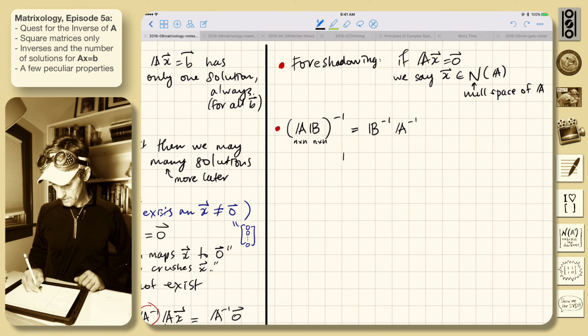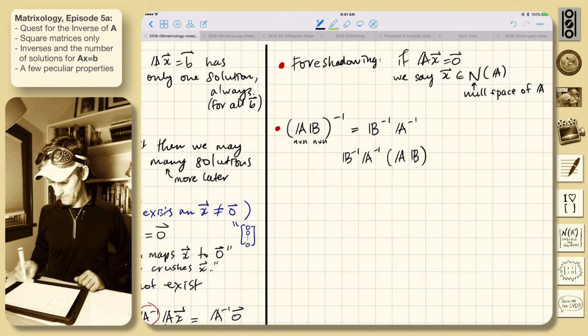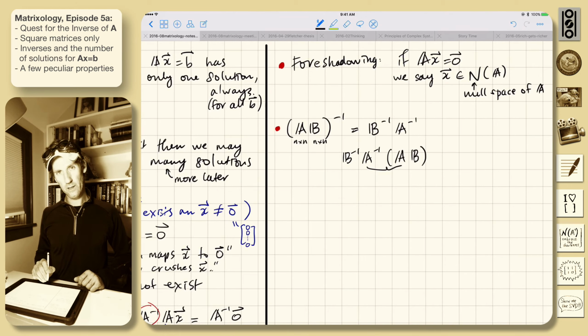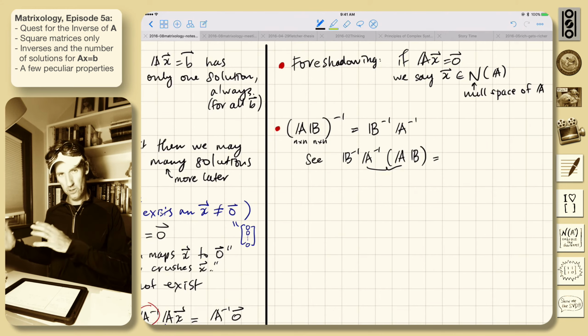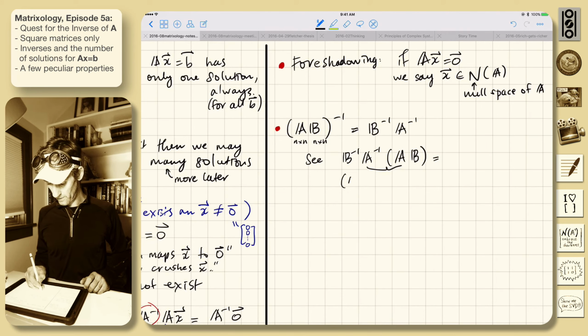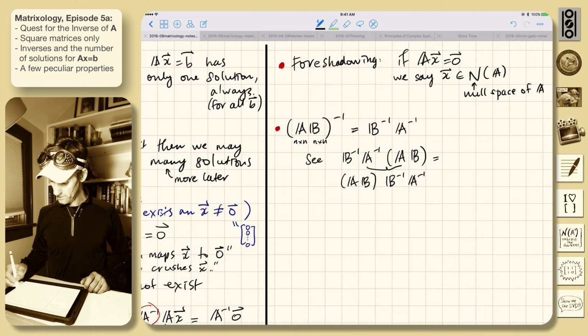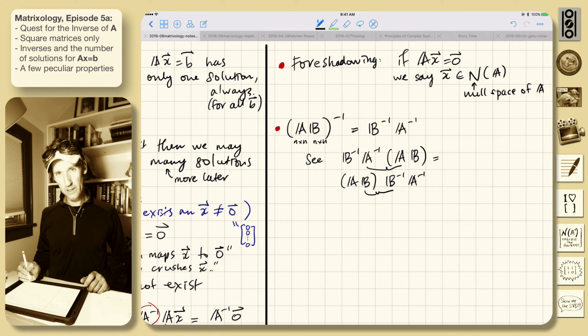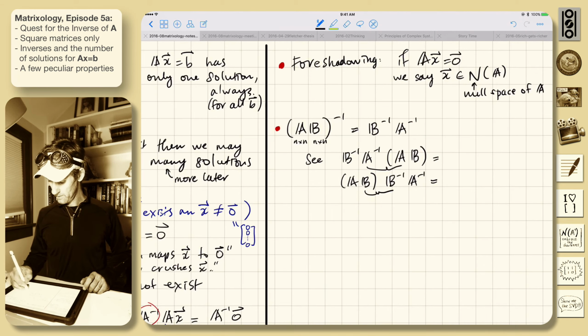So we can see this if here's our inverse, just multiplying from the left. So these two hit each other. It doesn't matter which, right? We could do it from the right-hand side. In this case, it's the B's that hit each other. So let me just work through.